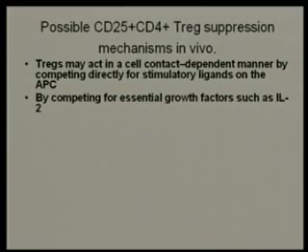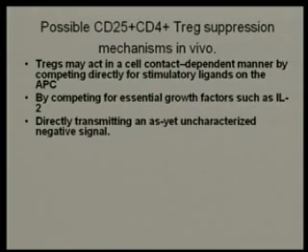They may actually gobble up important cytokines such as IL-2. By doing this, IL-2 will not be available for the naive or other cells of the immune system. It's also thought that they may come into contact with the cells and transmit some regulatory signal, as yet uncharacterized. So again, it's just a hypothesis.